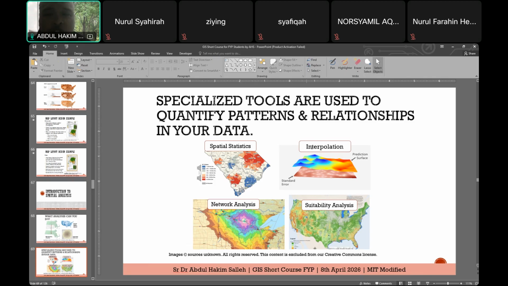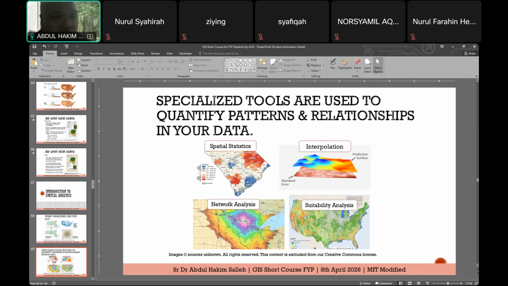Next is interpolation, which gives you the information from one place to another, the in between. Interpolation usually gives you data that was not measured. The area is not measured, yet the data can be obtained with the help of interpolation.